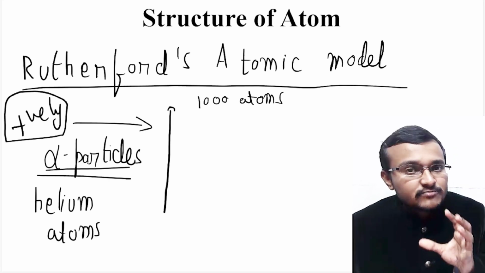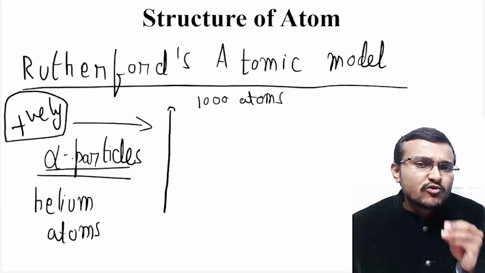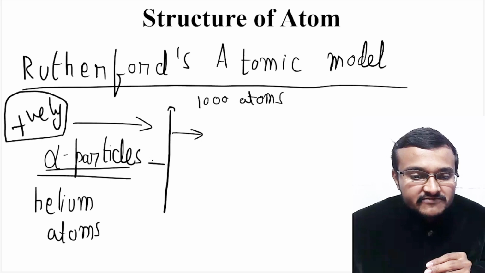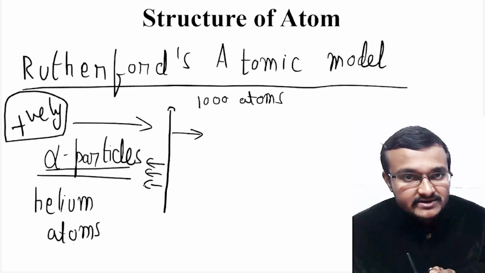So if atoms are positive spheres in which electrons are embedded, then only a few alpha particles should pass through this gold foil, but most of the alpha particles should repel back. So this was the assumption made before the experiment.